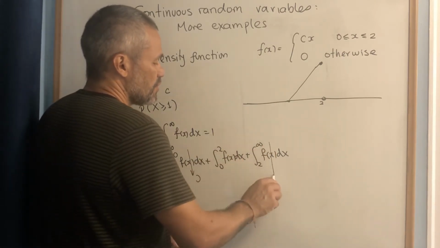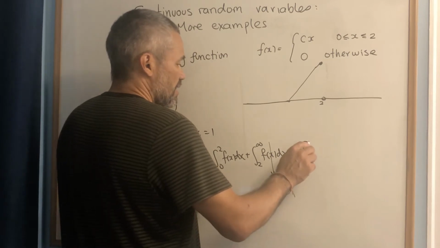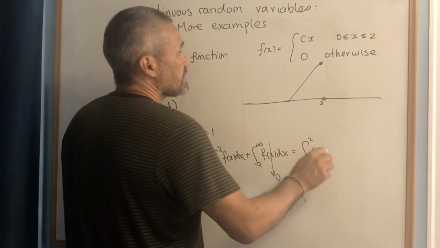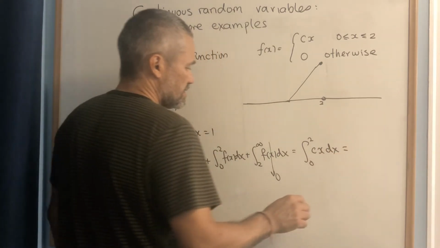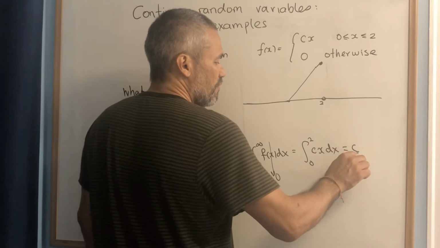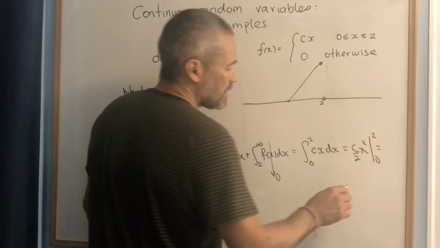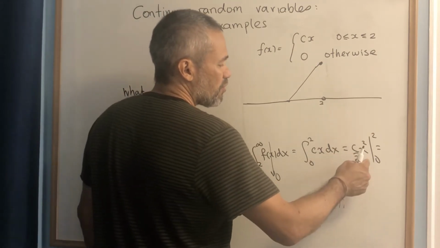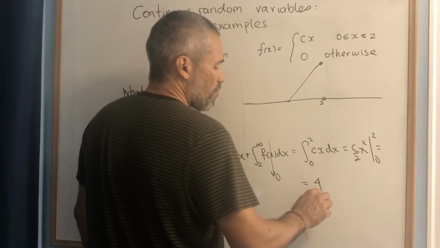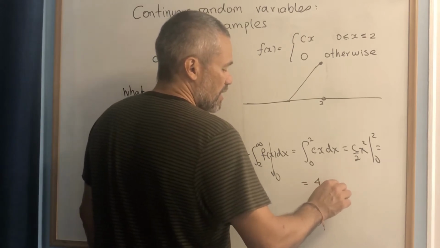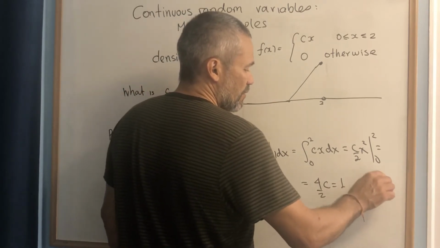Also after 2 this is equal to 0, and here the function is given by c times x, so this is just c over 2 x squared from 0 to 2, and 2 squared is 4. This is equal to 4 over 2 c, and we want this to be 1, and that means that c must be equal to 1/2.